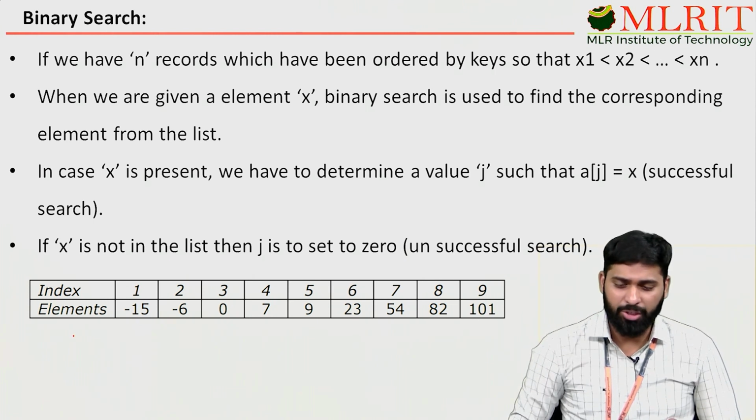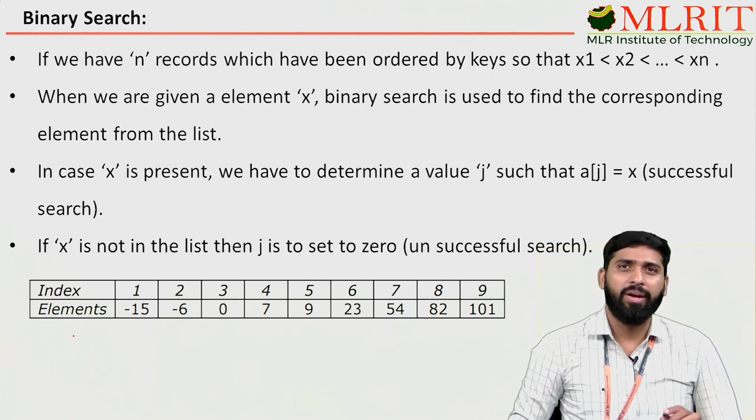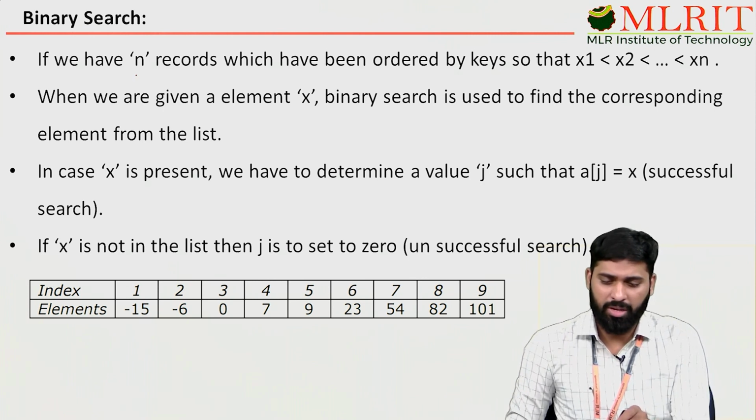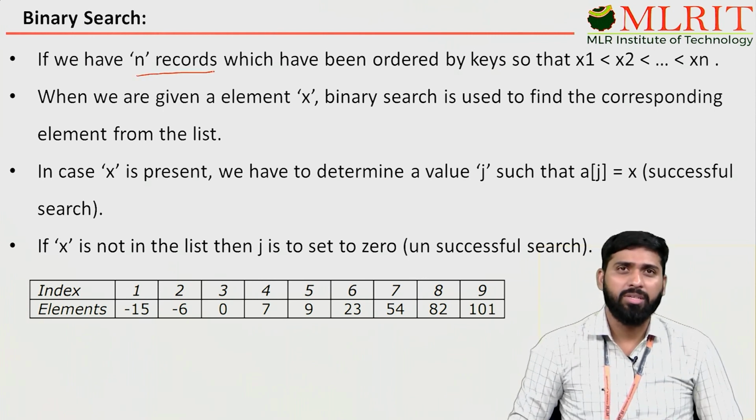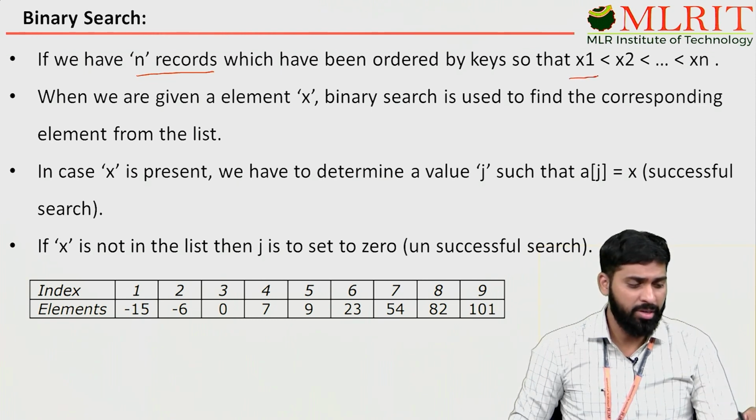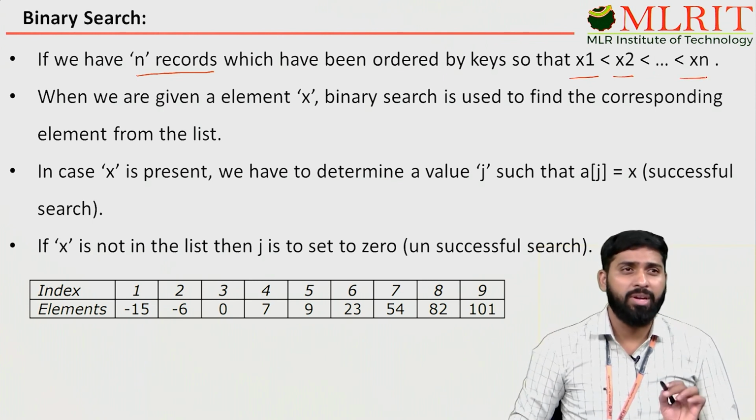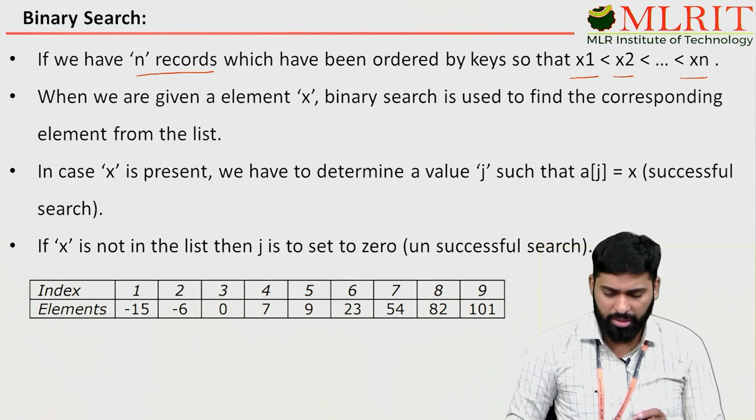Binary search means you are given n records, ordered by keys so that x1 less than x2, x2 less than x3 and so on, xn minus 1 less than xn. This is the example here.